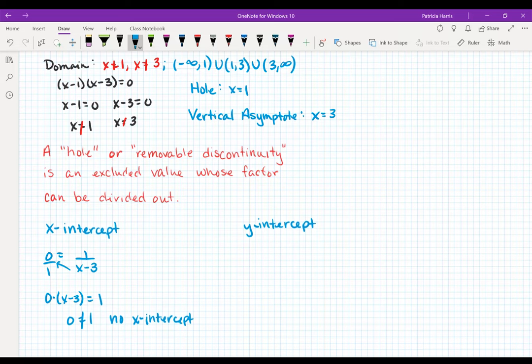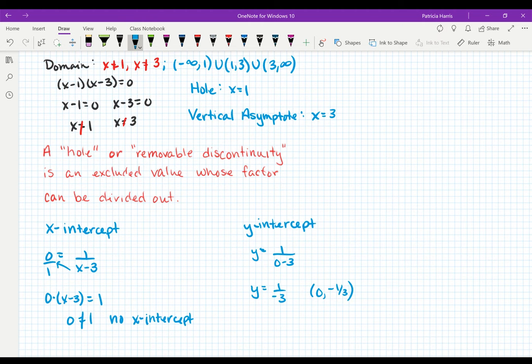Y-intercept, we set our x equal to 0, and I have a y-intercept happening at negative 1/3. So my y-intercept is 0, negative 1/3.